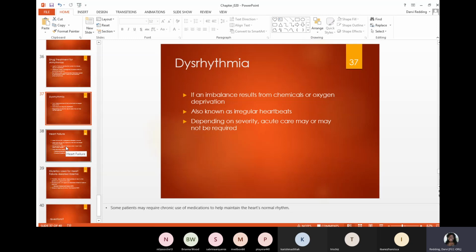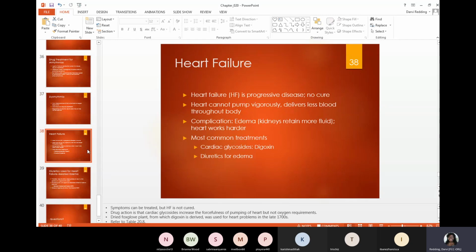And then when it comes to heart failure, HF, heart failure is a progressive disease, and unfortunately, there is no cure. There are some symptoms that can be treated, but again, heart failure is not cured. In heart failure, the heart cannot pump vigorously and it delivers less blood throughout the body.